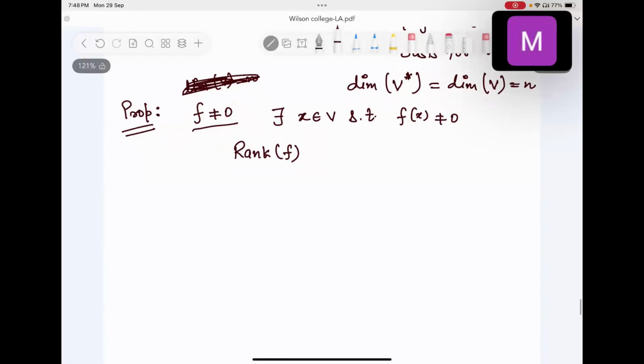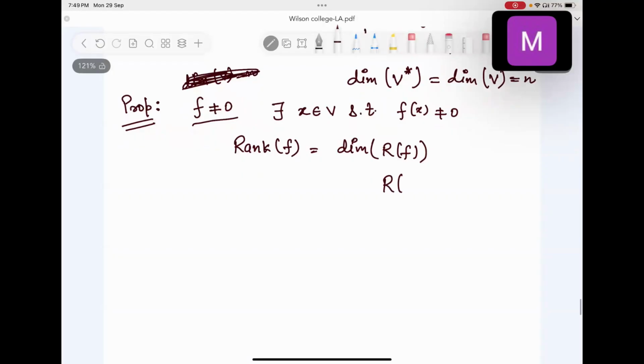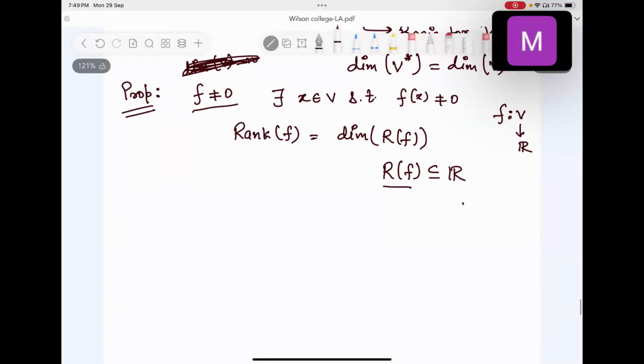What can you say about the rank of f? Rank is just the dimension of the range space of f, right? And the range space of f is a subspace of the codomain vector space. Now here f is a functional, so it is a function from V to R. So this is a subspace of R. Now what is the dimension of R?